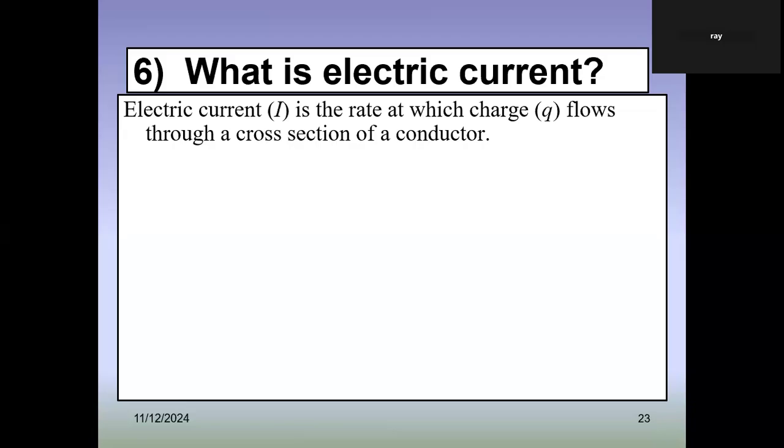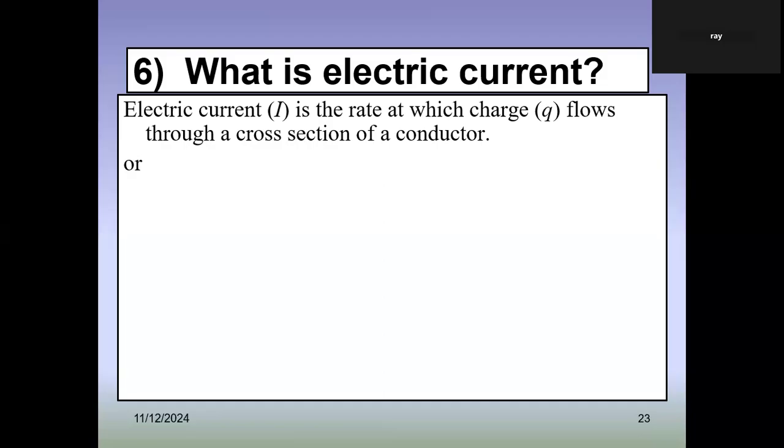How do we define current? Rate of flow of positive charge. That's electric current. Memorize the definition. Resistance and potential difference are each defined differently, so you cannot use the other formula to define current.